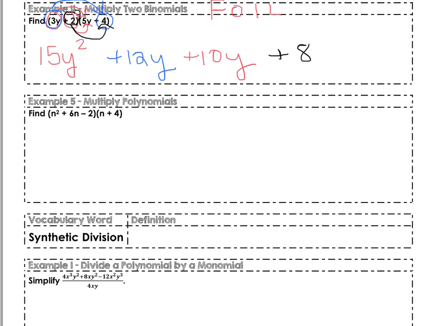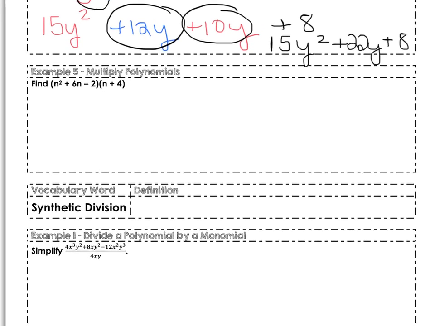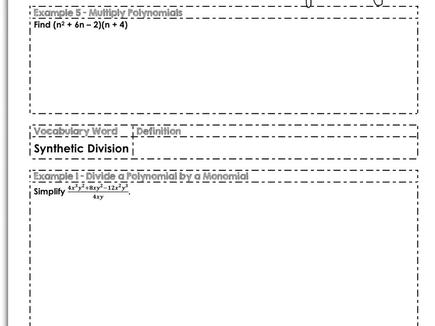The last thing I need to check for is if I have any like terms. So notice that 12y and 10y can be combined, leaving me with my final answer of 15y squared plus 22y plus 8.